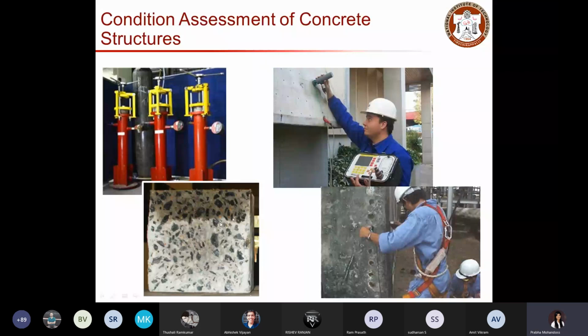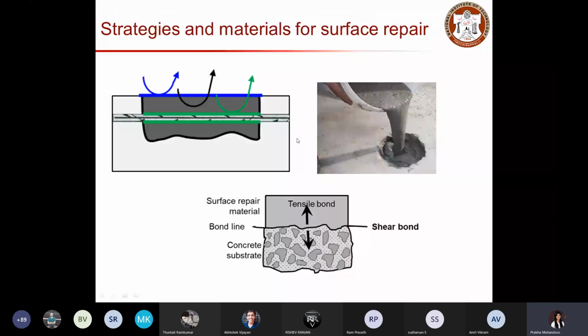and then we will look in detail at the strategies and the materials that we can use for surface repair, and what mechanisms we have to look at for selecting the repair, especially the properties of the materials that we have to use. Then the next module basically governs surface preparation and protective treatment.